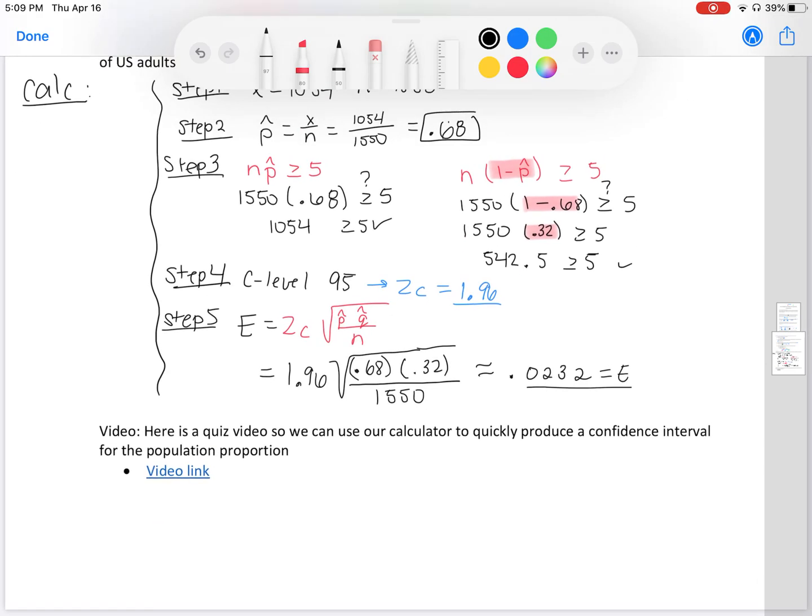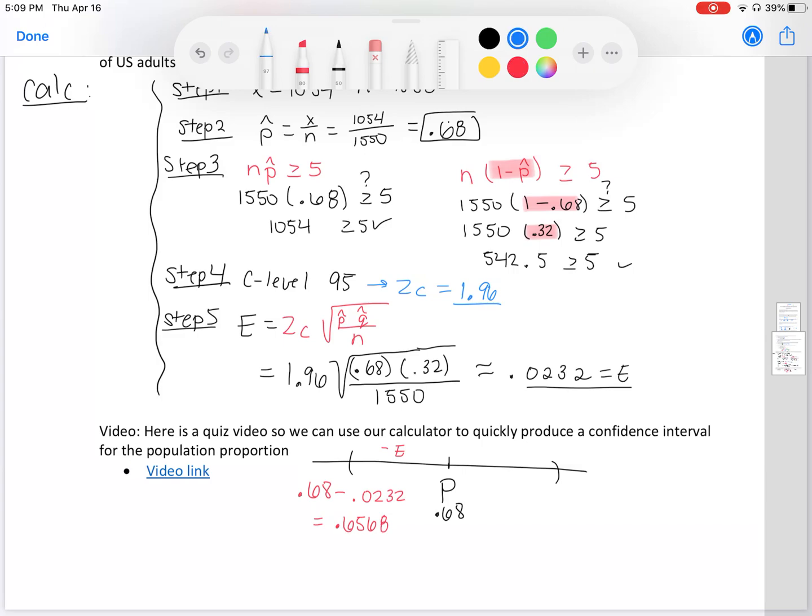So we have our p hat value of 0.68, and I'm going to subtract and add that E. If I subtract 0.0232, so 0.68 minus 0.0232, we use our calculator, and we get something close to 0.6568.